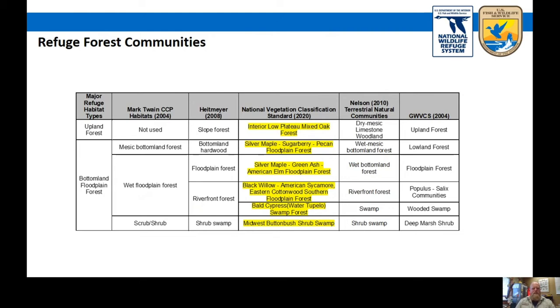The remainder of the refuge's 8,000 acres is in a mosaic of these floodplain forest community types, starting from the highest terraces containing oak pecan types, sugarberry types, and through early successional forest communities, including populus communities and salix-dominated communities, down a little lower into maple, ash, elm forest types, and then the lowest elevation woody communities, including shrub swamp and wooded swamp communities.